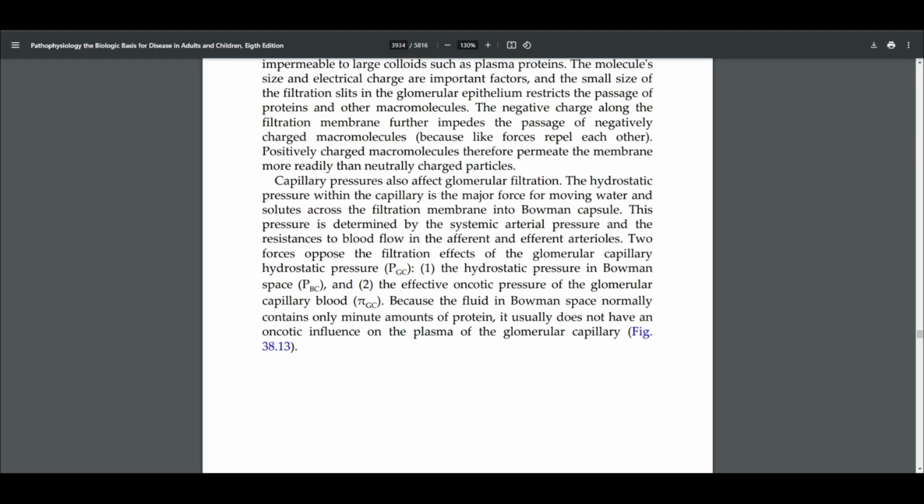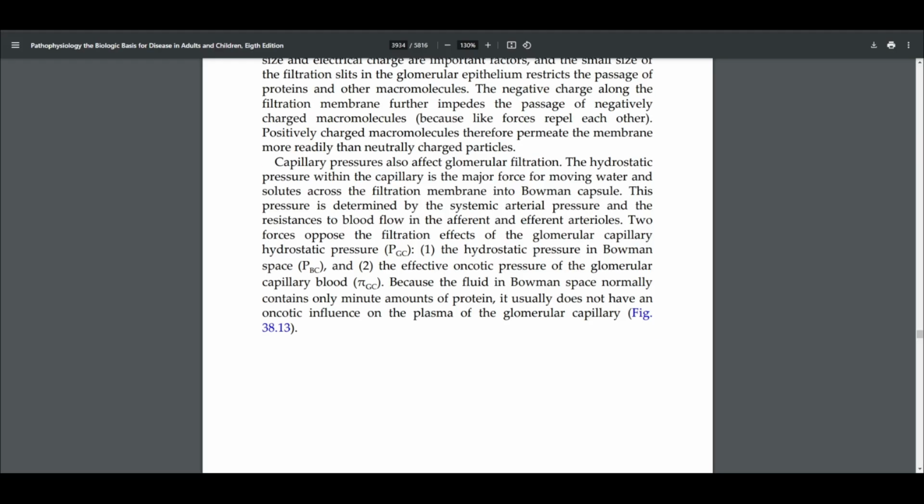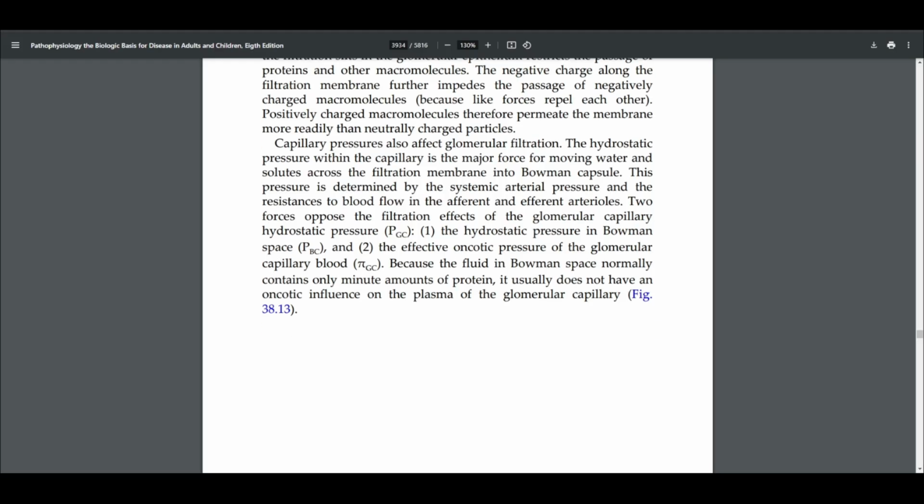Capillary pressure also affects glomerular filtration. The hydrostatic pressure within the capillary is the major force moving water and solutes across the filtration membrane into the Bowman capsule. This pressure is determined by the systemic arterial pressure and the resistance to blood flow in the afferent and efferent arterioles.